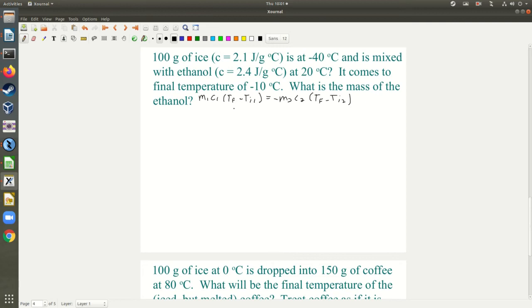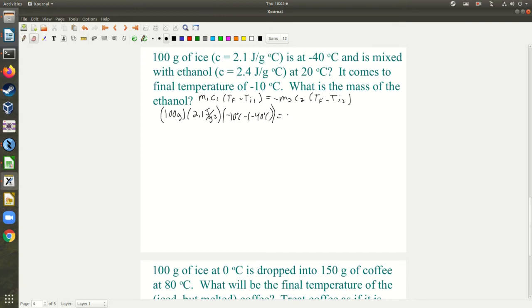Okay. Anyways, so what I need to do is solve for the mass. I have the information, so I just plug in what I know. Alright, well this will be 100 grams with the mass of ice. Its specific heat is 2.1 that we learned from the last problem. And the final temperature is going to be a negative 10, so it'll be negative 10 minus a negative 40. So final minus initial. And then closing that, negative M2, we don't know.